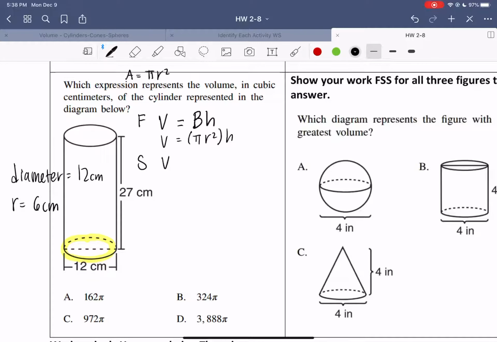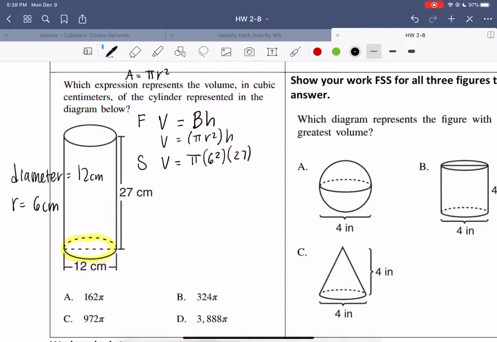When we substitute in, we're going to have 3.14. Actually, in our answer choices, I just realized, our answer choices are in terms of pi. So we're going to leave pi in our answer. We're going to have our radius, which is 6 squared, times our height of 27.